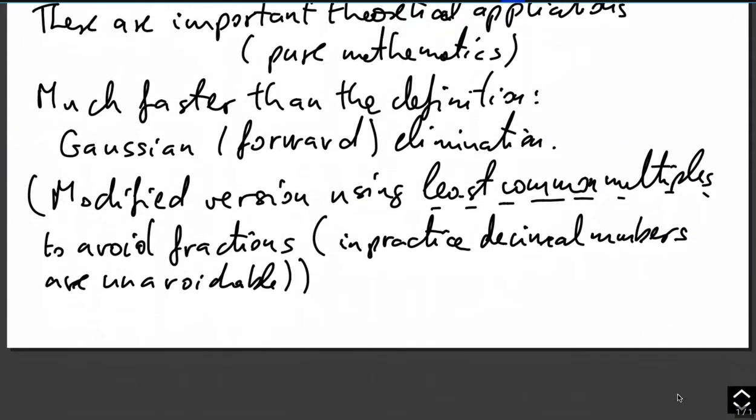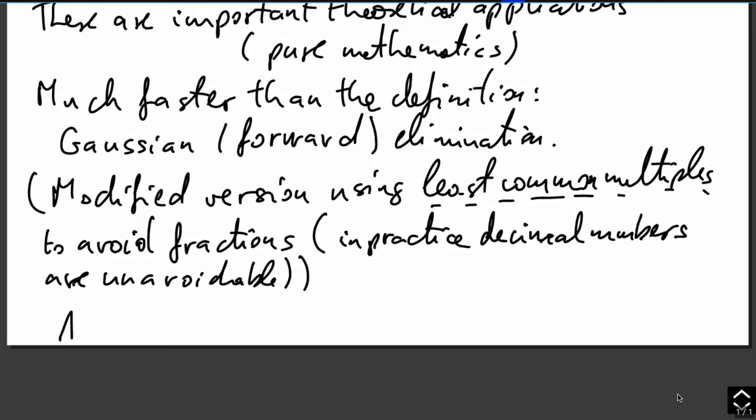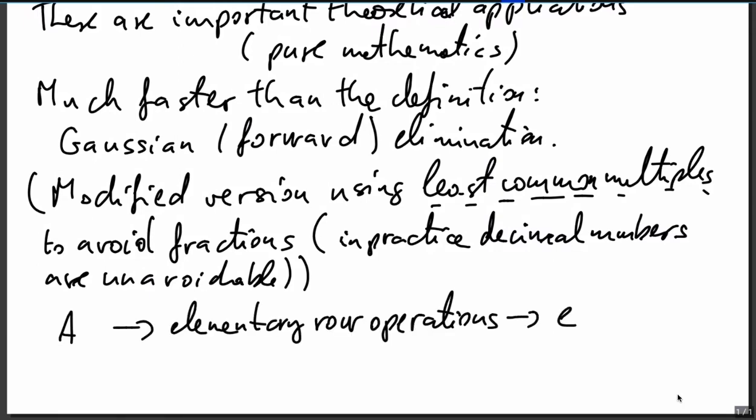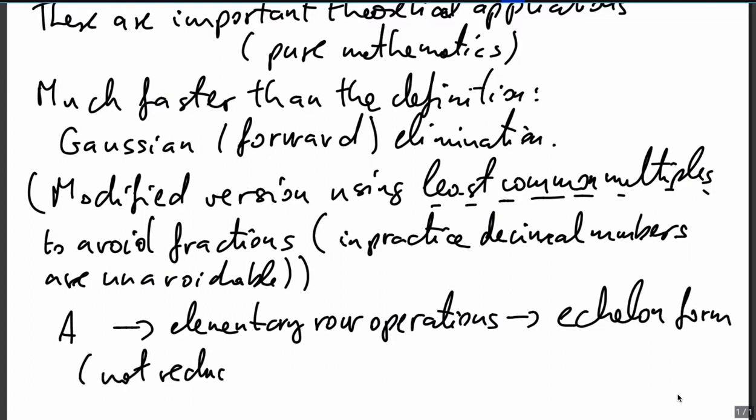So the idea is that we start with the matrix A, then we do elementary row operations to get echelon form, not reduced echelon form. In fact, it wouldn't make sense to work hard for the reduced one, because that would be the identity matrix.